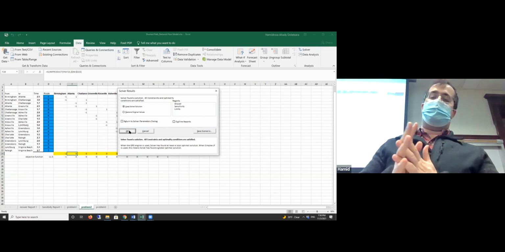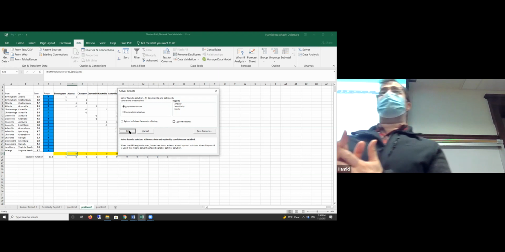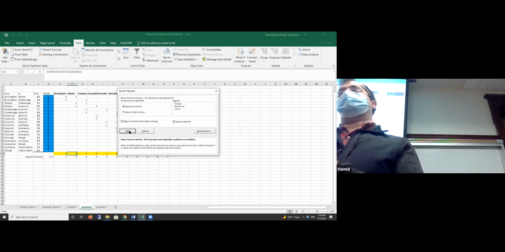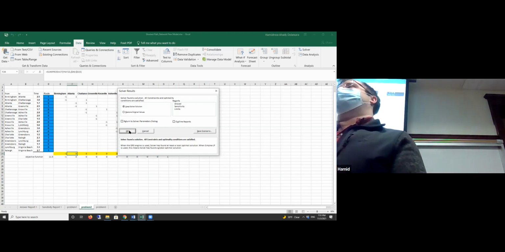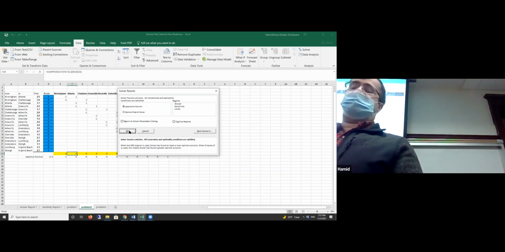I don't go into the sensitivity this time, but just keep in mind that in your final exam, I ask you about shadow price and reduced cost, how much you can deduct or change the constraint.